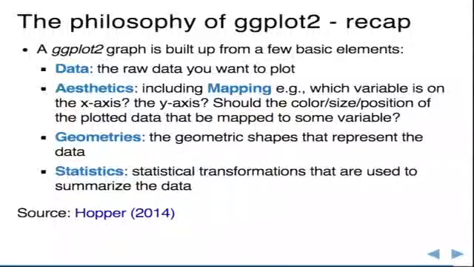Geometries, geometric shapes that represent the data. And finally, statistical transformations. And so I think this is helpful when thinking about what type of data you want to visualize and how to visualize it, and different types of features you want to add on to the data. It's really helpful to think about it in these four categories.